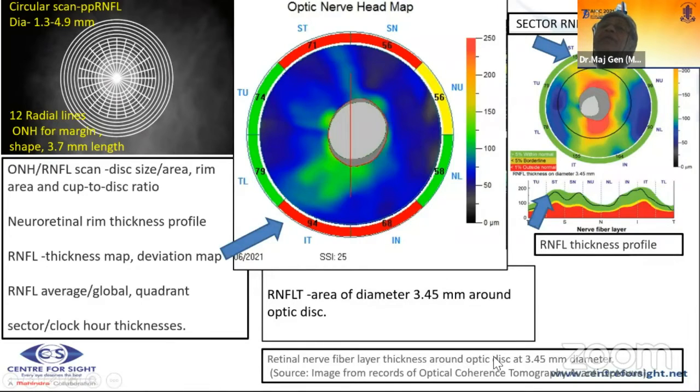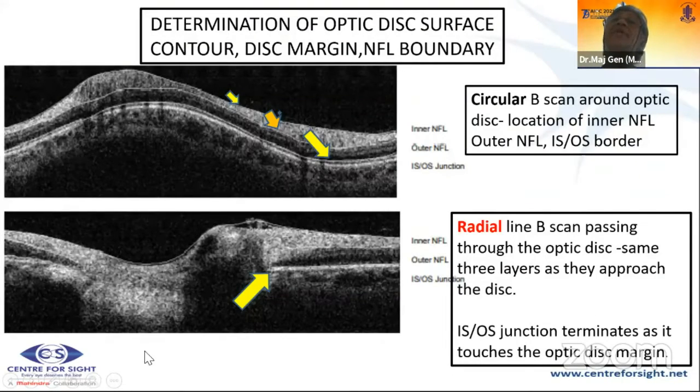What is to be remembered is that the retinal nerve fiber layer is measured on a circle with a diameter of around 3.45 millimeters around the optic disc. Now, this is a very important concept because it differs between machines. In the OptoView, in order to determine the contour of the retinal nerve fiber layer, a circular scan is taken around the optic disc.